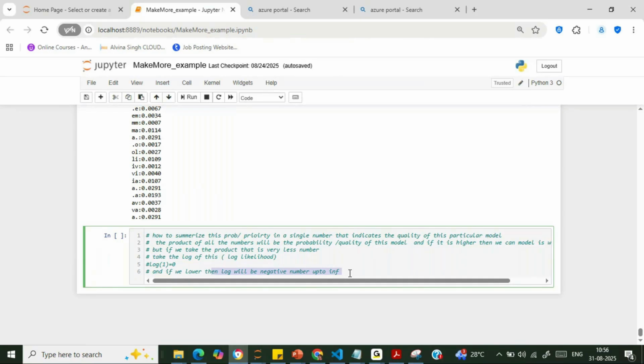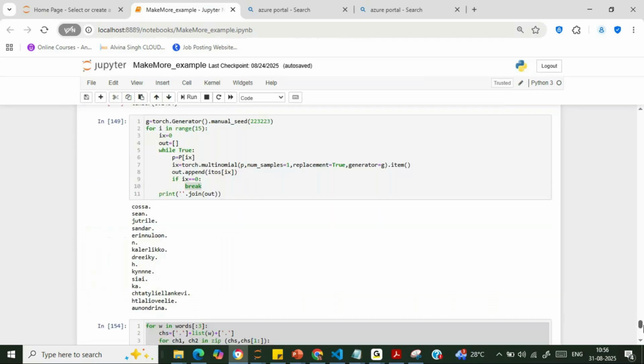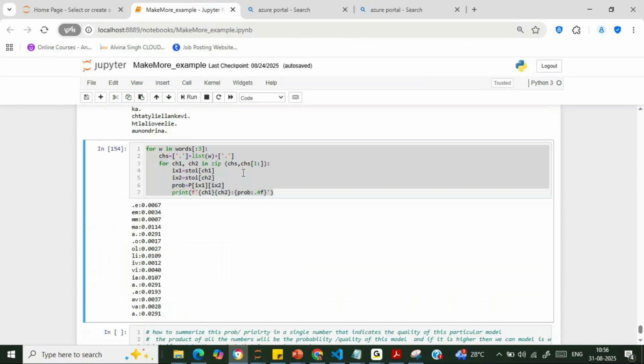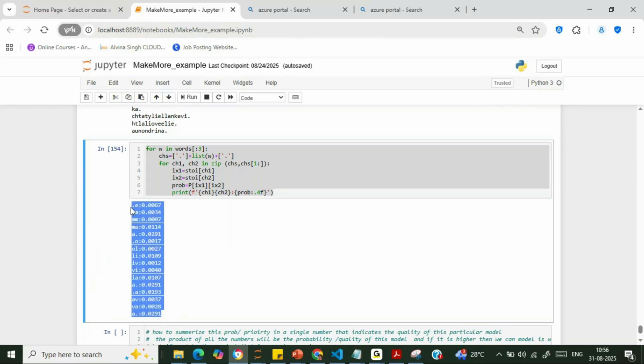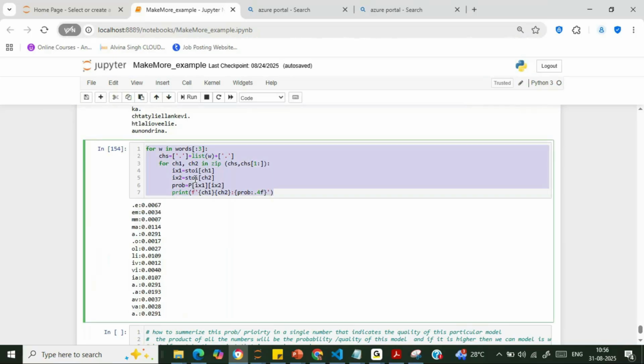Okay, so let's try to understand it with the help of this. We have these particular numbers, and these are very small numbers. If we do the product of each and every combination, then the outcome will be very small. So I will take the log of this.